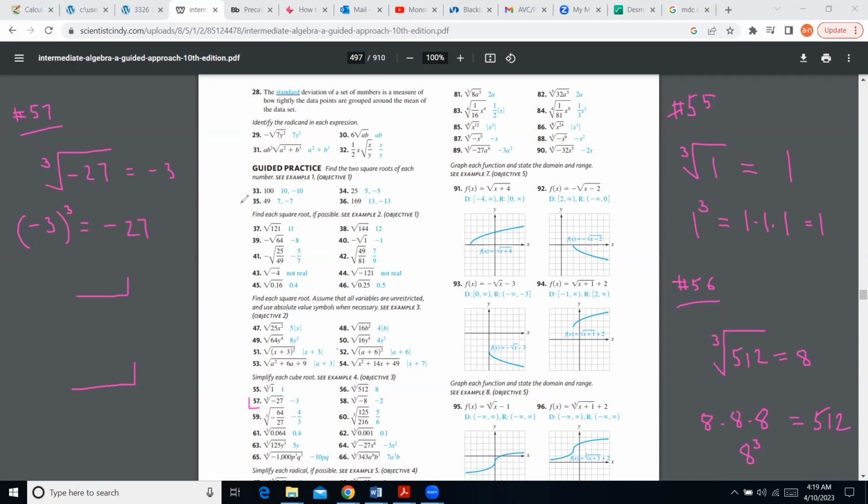Please notice that whenever I start working with negative numbers, I put them in parentheses. I'll make sure that it looks kind of nice. You don't really have to, as long as you understand that this is actually a negative number. So if you multiply minus 3 with minus 3, you get plus 9. But when you multiply it by another minus 3, it'd be indeed negative 27.